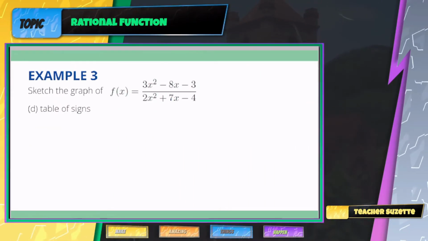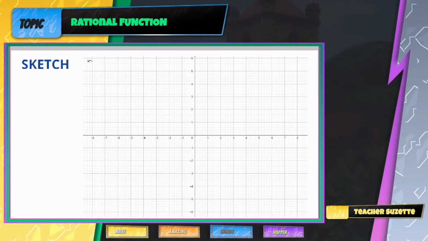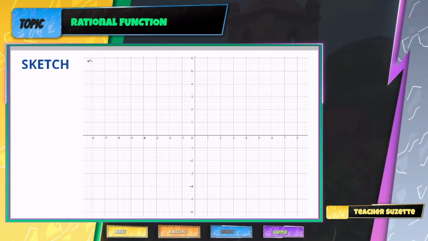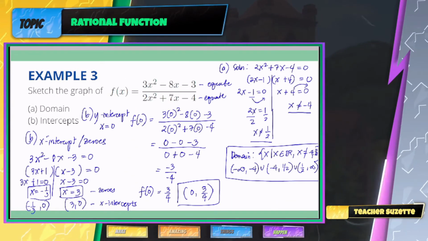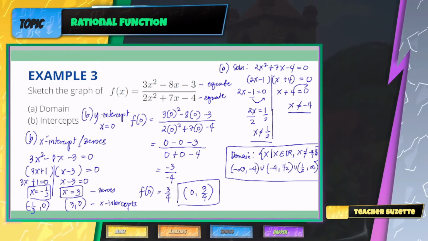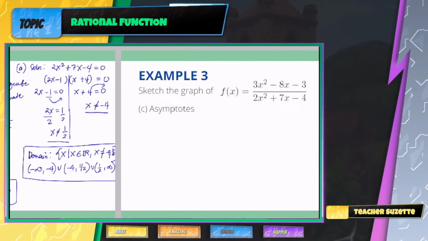So now, let's try to sketch before we construct our table of values. So kung natatandaan nyo, meron tayong 3 points kanina. Anong mga points natin? Meron tayong negative 1/3, 0, 3, 0, at meron tayong 0, 3/4.